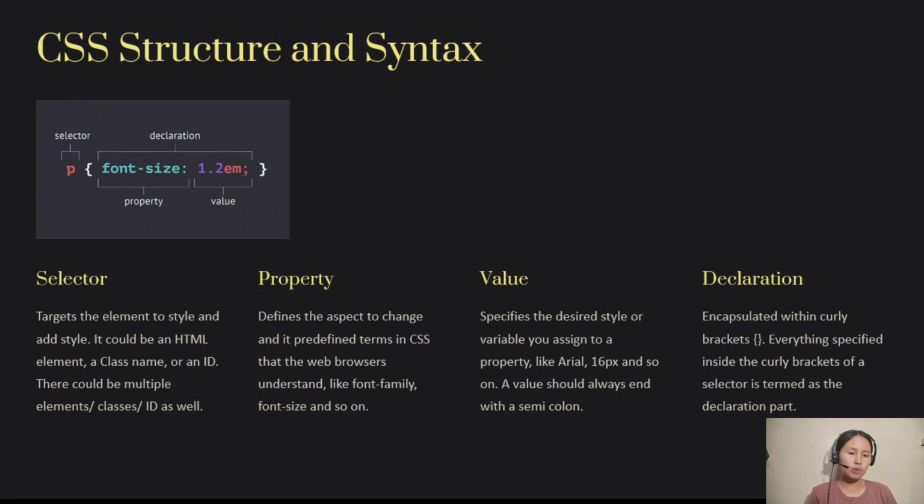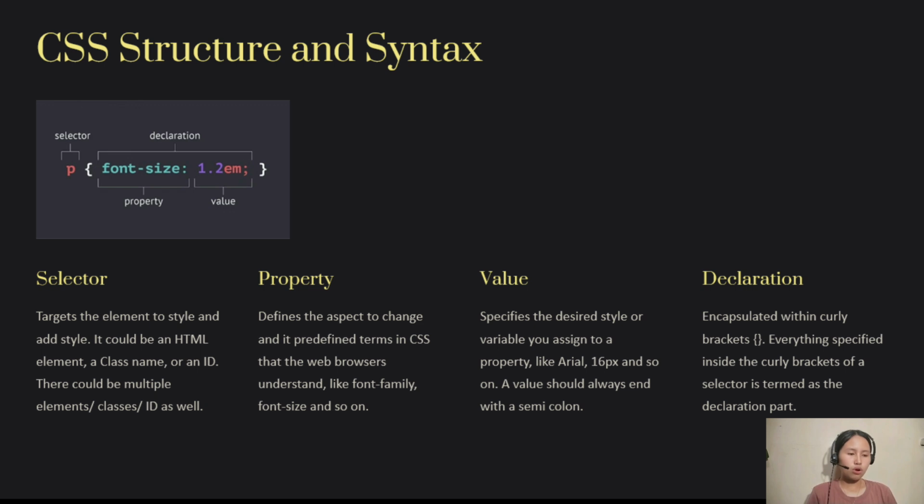Then the second one is property. It defines the aspect to change, and it is a predefined term in CSS that web browsers understand, like font-family, font-size, and so on. Then the third one is value. It specifies the desired style or value you assign to a property, like Arial, 16px, and so on.